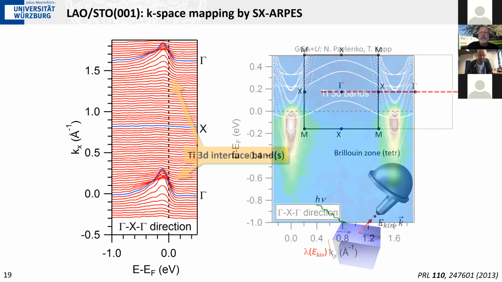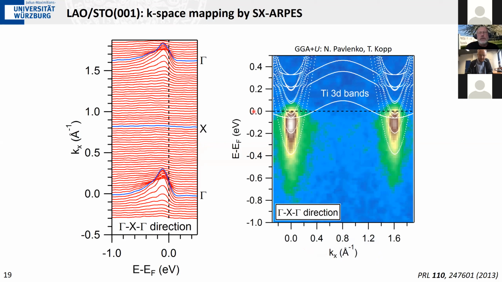And you can turn this into a band structure using false color representation and compare this to band calculations. And you see here we have some 3D electron band here, which then apparently crosses the Fermi level and again comes back in the second Brillouin zone. Now, as you can also clearly see, this is the band calculation from Thilo Kopp and Natalia Pavlenko.